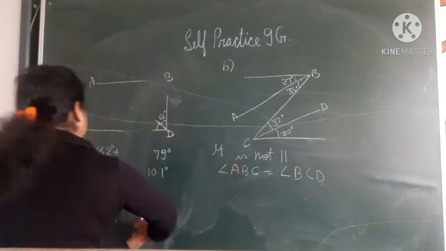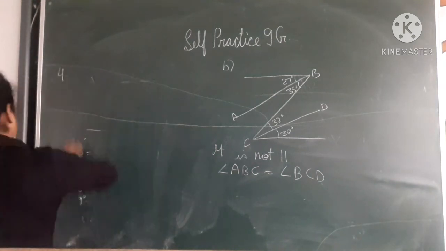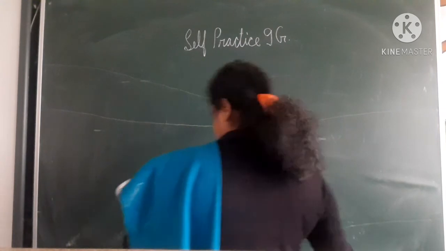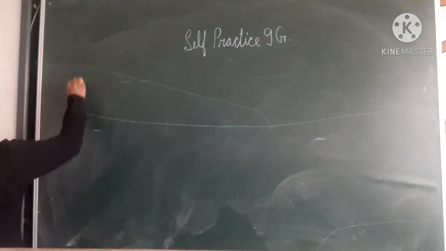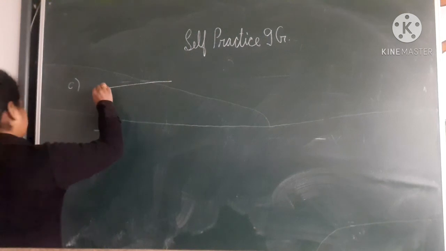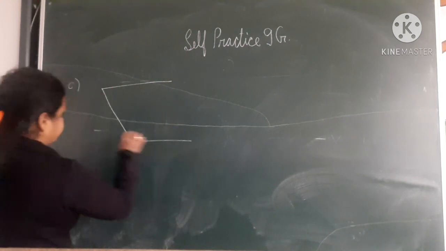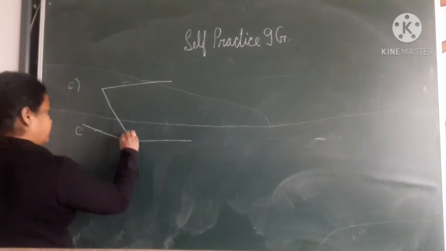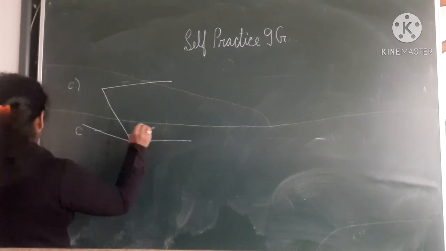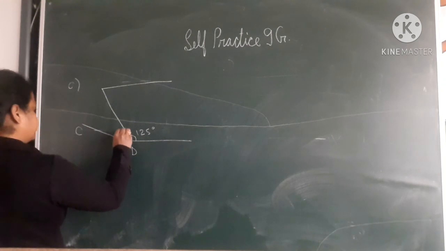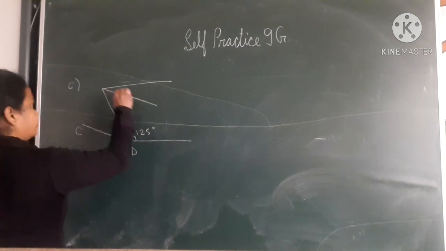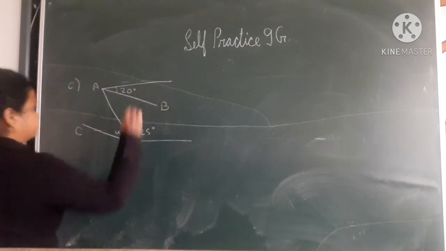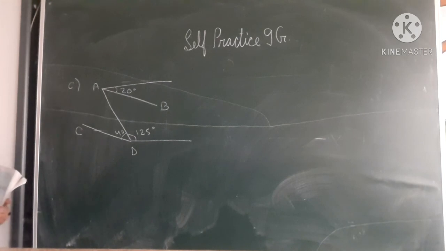Now see the C part. C part: drawn straight, this came down, gone there, this D, C, 125 degree, 40 degree, 20 degree, A, B. Now see here.